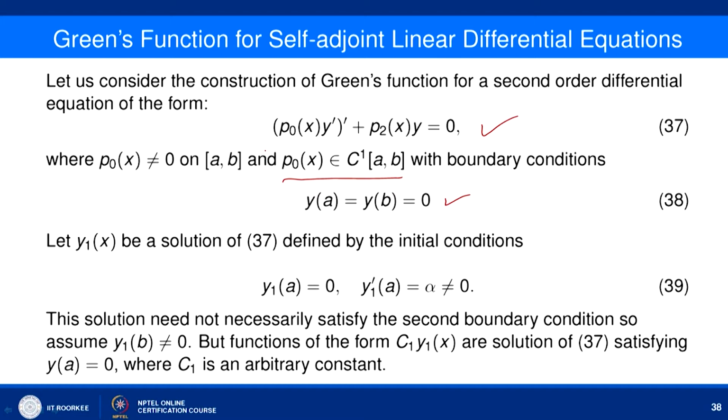So, basically it is a Sturm-Liouville problem which we are considering. It is a self adjoint problem and along with the boundary condition we want to find the Green function for this particular boundary value problem.